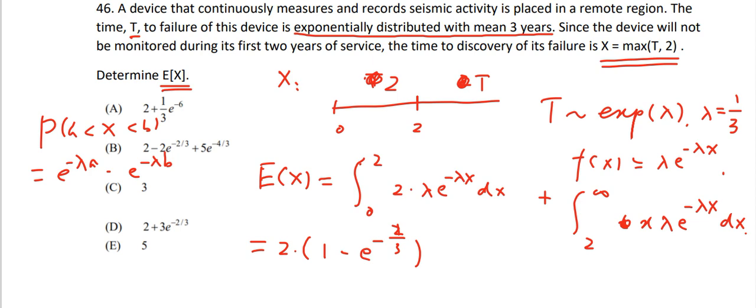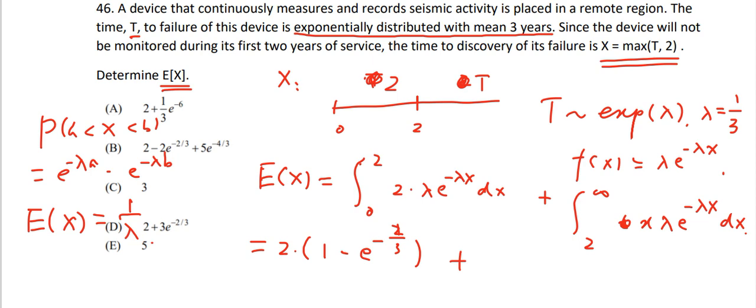Okay, so the second one. We can use integration by parts, but the good way is just to use a known result. For the exponential distribution, the mean equals 1 over lambda, so this 1 over lambda here equals 3.